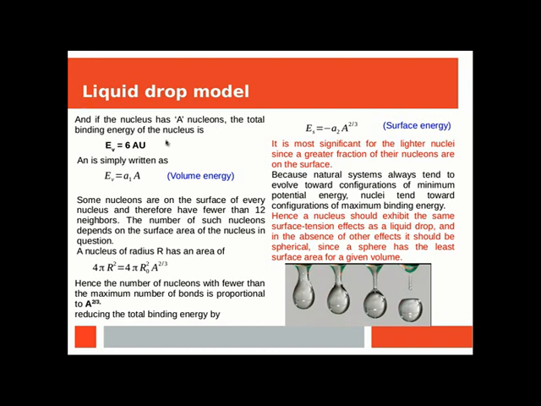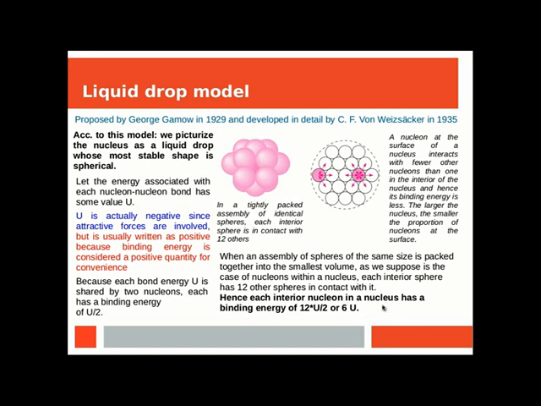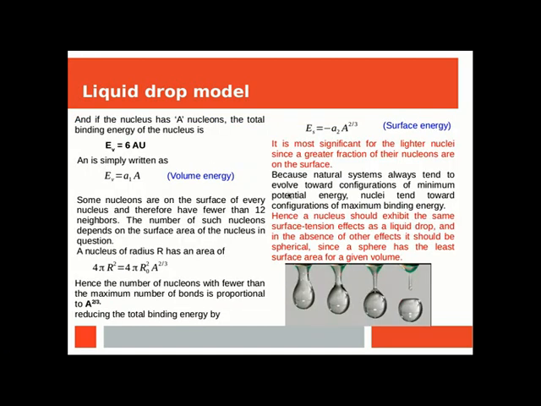Now, each nucleon has a binding energy of 6u. 6u is the binding energy per nucleon, and there are A nucleons in the nucleus.